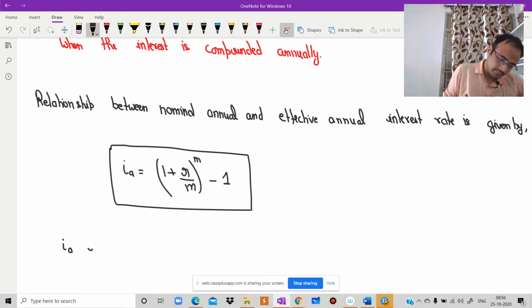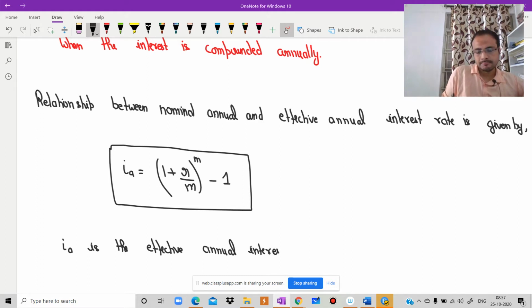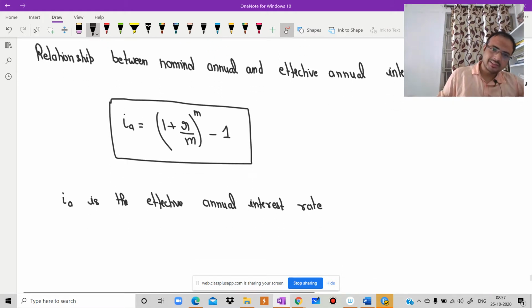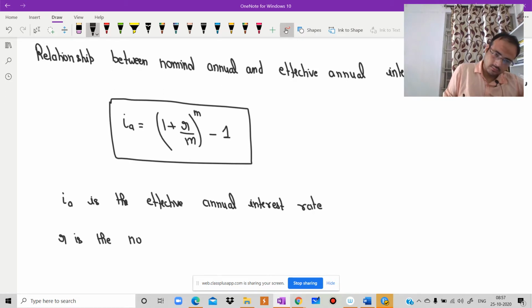This IA is the effective annual interest rate. R is the nominal annual interest rate, and what is M?